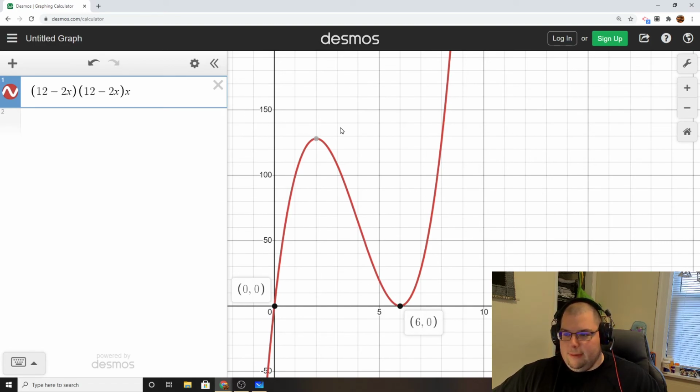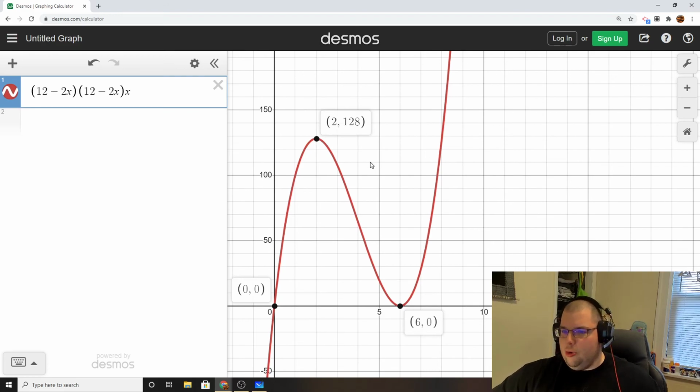So we're looking between 0 and 6 for our maximum volume, and Desmos does an amazing thing. It always marks where our relative minimums and maximums are on the graph, so it gives us a point right there on our graph, and sure enough, our maximum volume happens at x equals 2, and that maximum volume is 128, which I've already calculated.